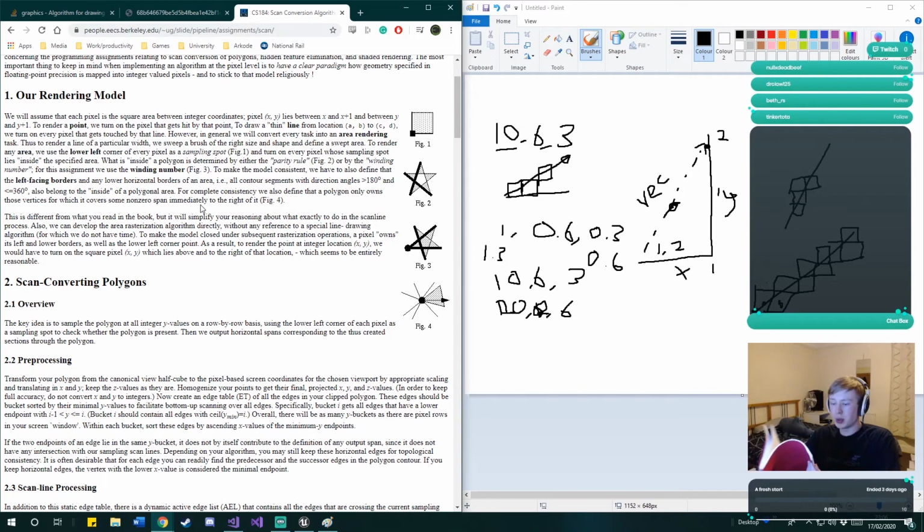I mean, that's just what I'm calling it. I don't know if that's the name for it, but basically I want chunky scan conversion. Maybe it's anti-aliased.